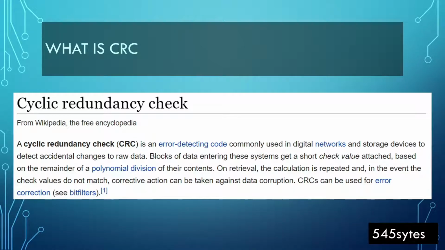So let's talk about what this CRC actually is. CRC stands for cyclic redundancy check, which means that whenever we send data, it has to be received correctly. So there are characters added to the data sent, and these characters are calculated on the basis of the data being sent. Every time there is new data, there is a new CRC code. The receiver and the sender both use the same calculation method.